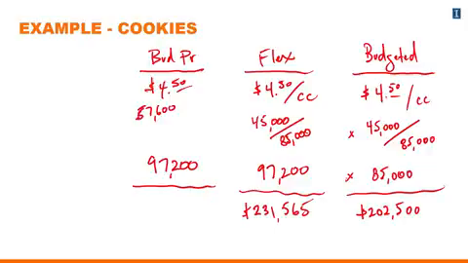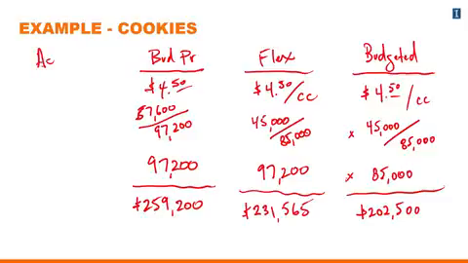That's 57,600 out of the 97,200 total cookies sold. Multiplying the 4.50 times the actual mix times the total quantity actually sold yields 259,200.